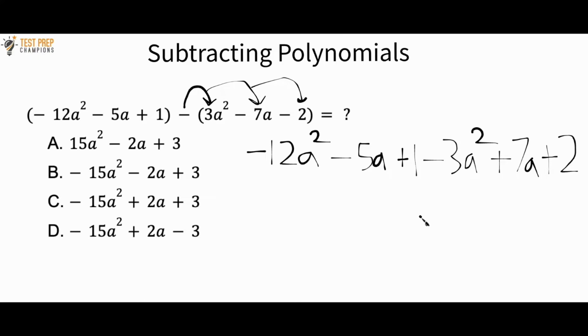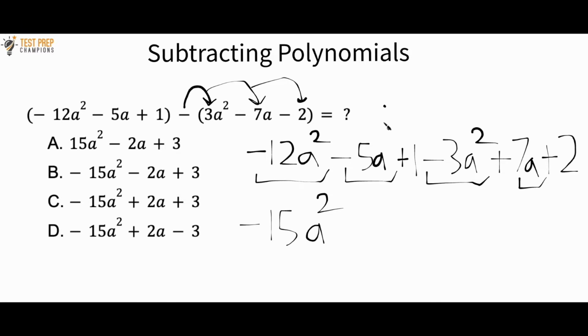Now the last step here is to combine the like terms. I see that my first term has an a squared in it, and this negative 3 has an a squared in it. So what is negative 12 minus 3? Well, negative 12 minus 3 is negative 15, and I'm going to bring that a squared along for the ride. Now I come over here, I see that I've got minus 5a, and I also have this 7a right here.